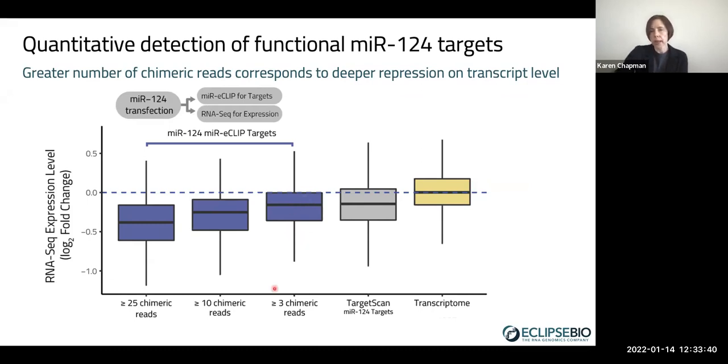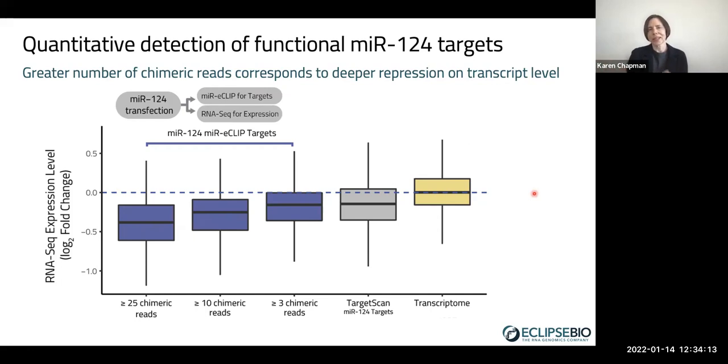The targets that have greater than 3 chimeric reads are somewhat similar to what you might predict bioinformatically. If you filter for greater than 10 chimeric reads, you're seeing that these transcripts tend to be downregulated more. And again, underscoring the quantitative nature of these chimeric reads, the transcripts with greater than 25 chimeric reads mapping to that particular target are more extensively downregulated.